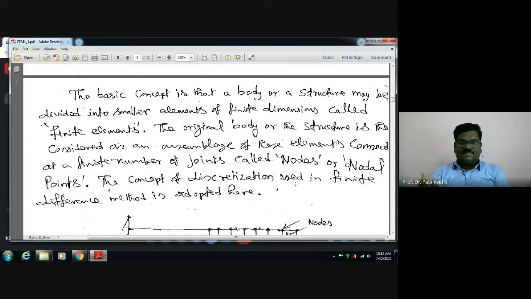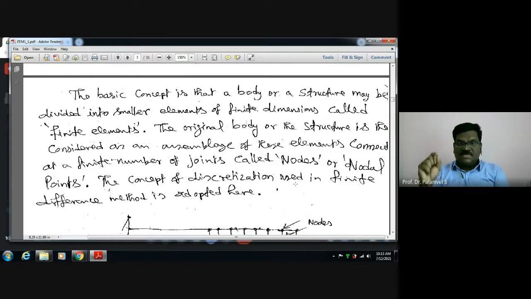The original body or structure is then considered as an assemblage of these elements connected at a finite number of joints called nodes or nodal points.